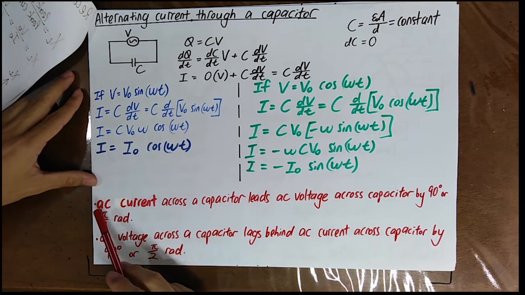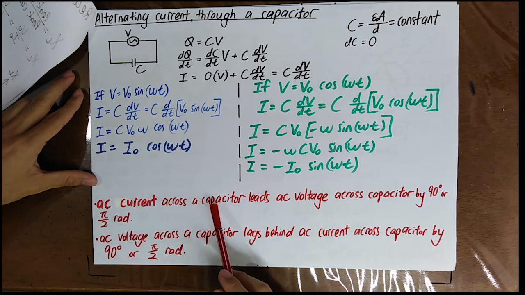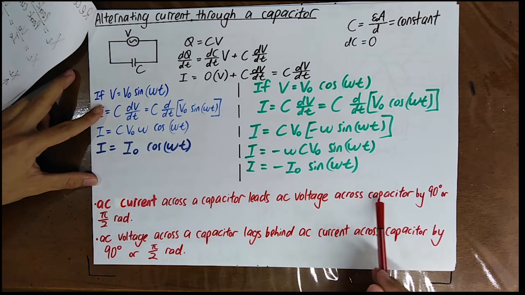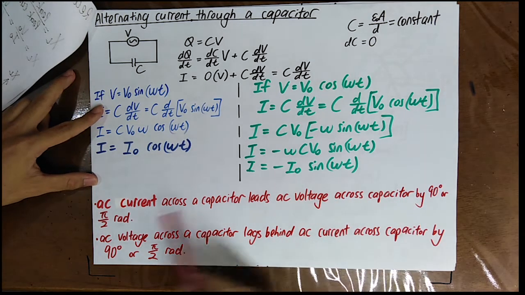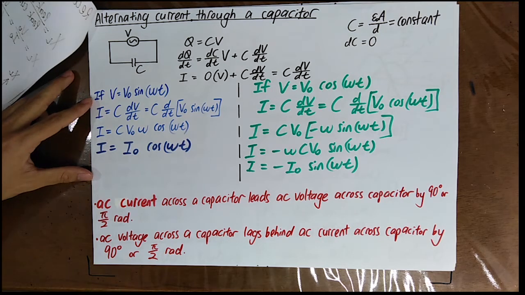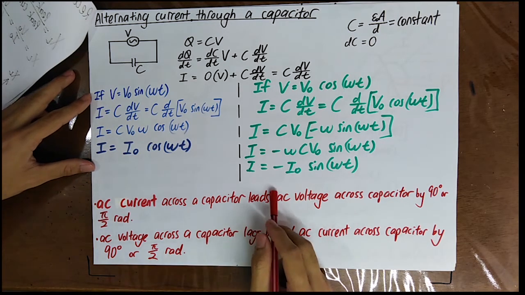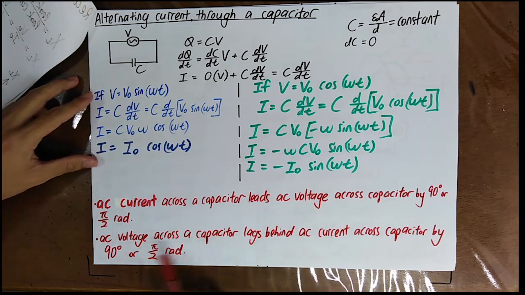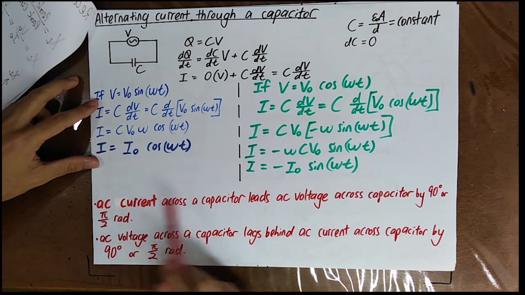So you know that the alternating current across a capacitor leads the alternating voltage across the capacitor by 90 degrees or pi over 2 radian. Okay? Of course, if you don't want to use the word lead, you can also use lag behind. That means that just now is current leads voltage by 90 degrees. So you change the sentence. It becomes voltage lags behind current by 90 degrees.